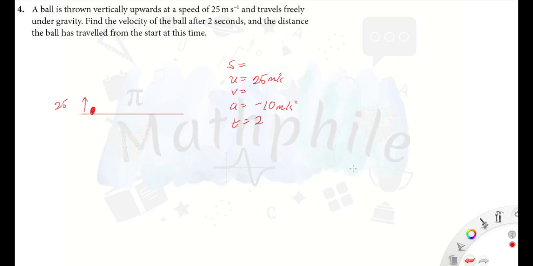We've got the acceleration to be negative 10 meters per second squared. What does it mean? The value is negative, so it implies deceleration, and deceleration implies a reduction in speed. So even the Suvat explains itself. A more in-depth explanation will be given when you are doing work and energy, and that would be called a loss in kinetic energy.